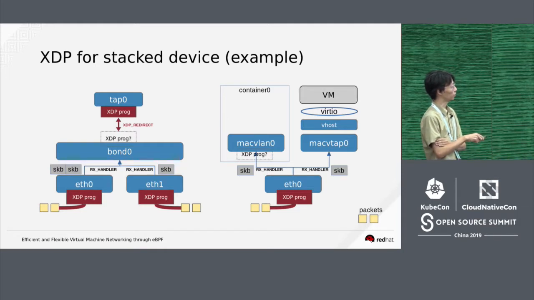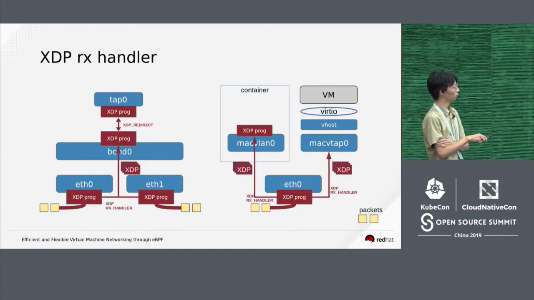Bond can also be working in the SKB, and in this environment it relies on the generic auxiliary. Auxiliary is expanded to the XDP. You need to use the XDP handler to treat the XDP's program and to transfer all these frames to the stations.